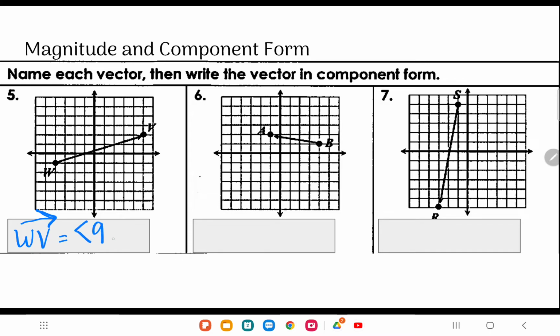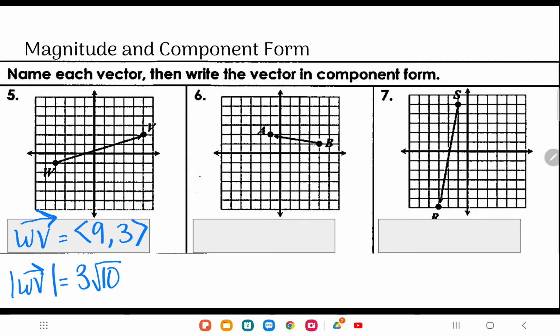Its component form would be ⟨9, 3⟩. Its magnitude would be the square root of 9 squared plus 3 squared, and that's going to be √90, or 3 radical 10.